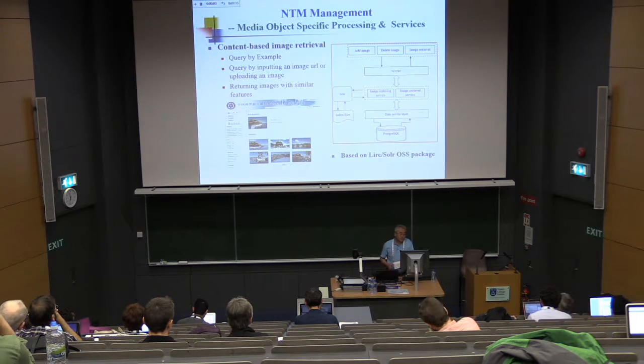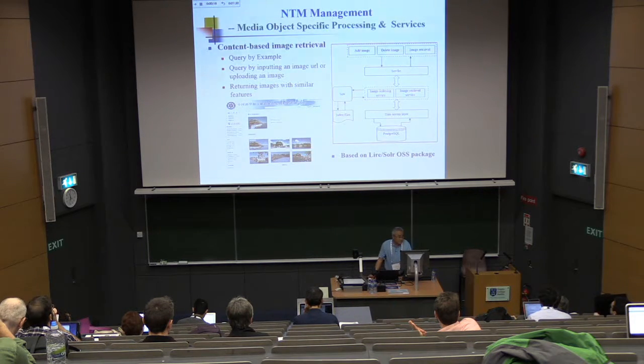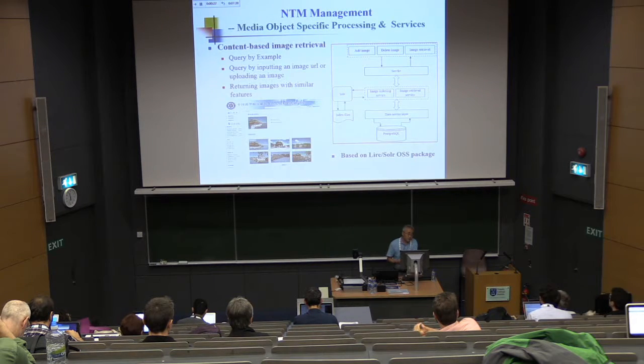Besides archiving NTM in repositories as I introduced above, we also provide some content media object-specific processing and services. For images, we provide content-based image retrieval. This provides a search-by-example experience.